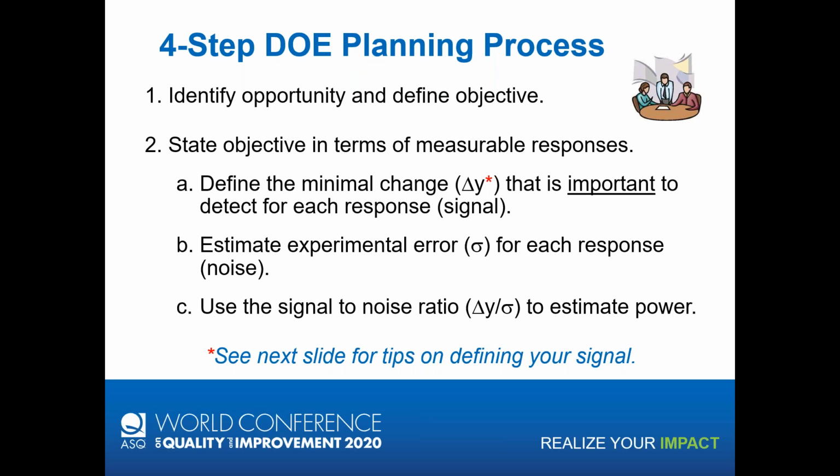All right, so back to recapping our planning process. We started out by defining our opportunity and our objective. Then we started thinking about the responses, defining the smallest change that's important to detect. So let's look at that for just a minute.